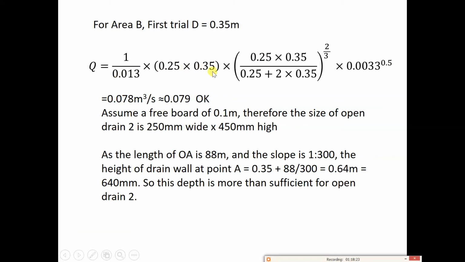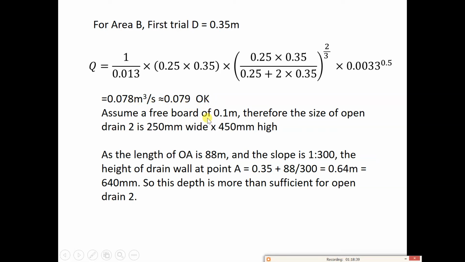So we put into this expression and try a depth of 0.35, still maintaining the same width of 0.25. We put in this expression and get 0.078, which is approximately equal to 0.079.